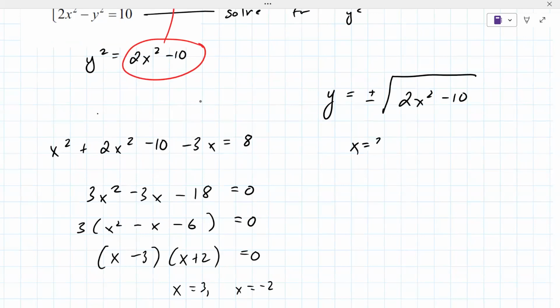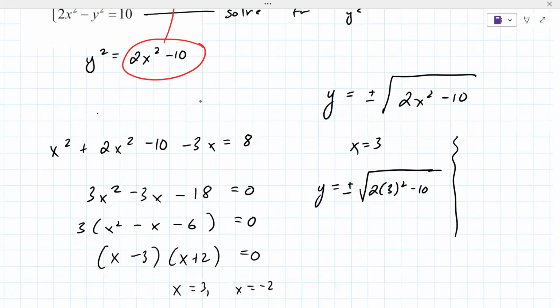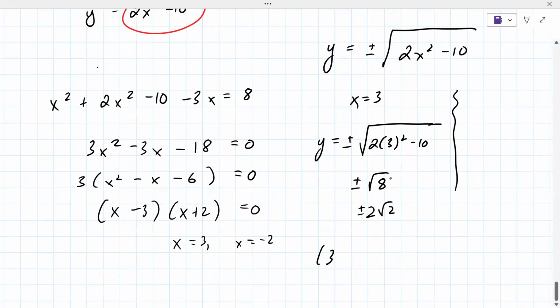If x is 3, y is plus or minus the square root of 2 times 3 squared minus 10. So 3 squared is 9, times 2 is 18, minus 10 is 8. So it's plus or minus the square root of 8, which is plus or minus 2 root 2. So you end up getting (3, 2 root 2) and (3, -2 root 2).